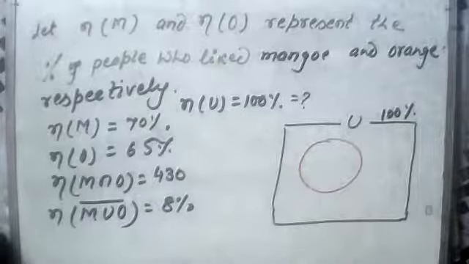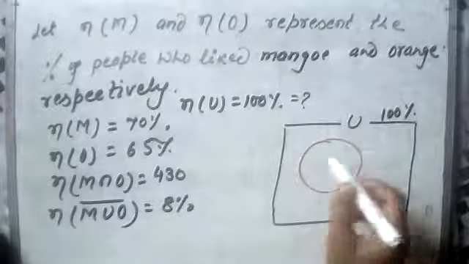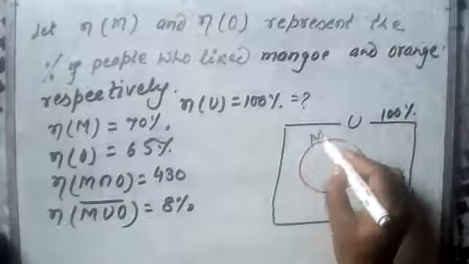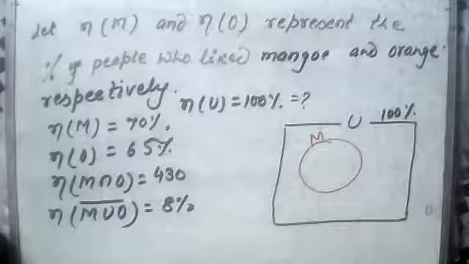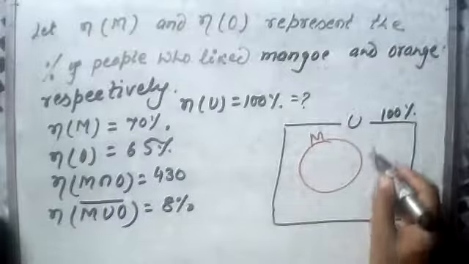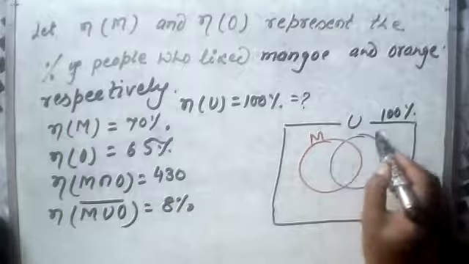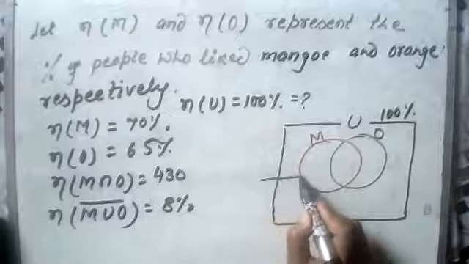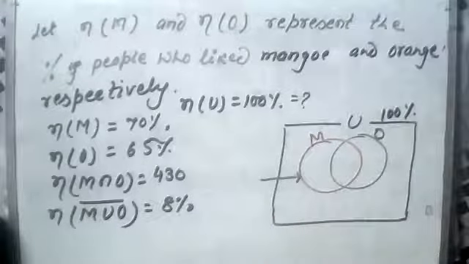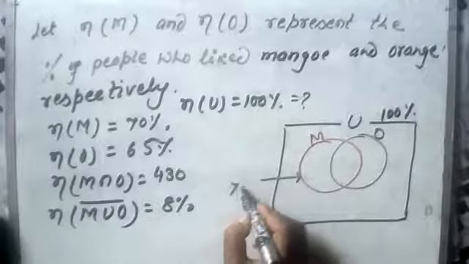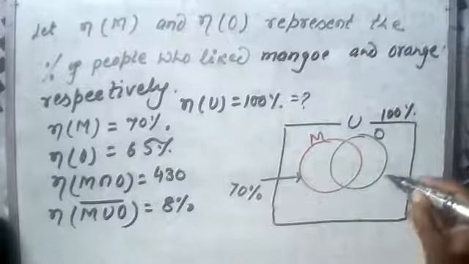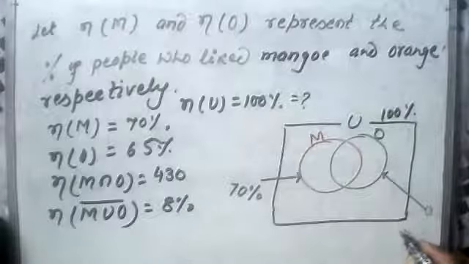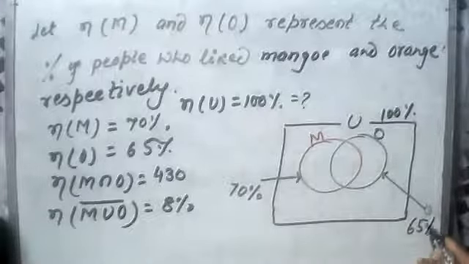This is M, the people who liked mangoes, and the other one is O. n(M), the percentage of people who like mangoes, is 70%, and for set O, n(O) is 65%.